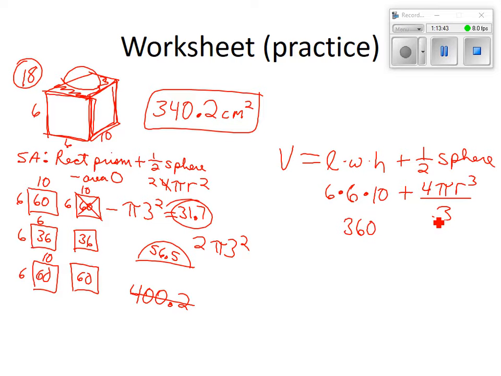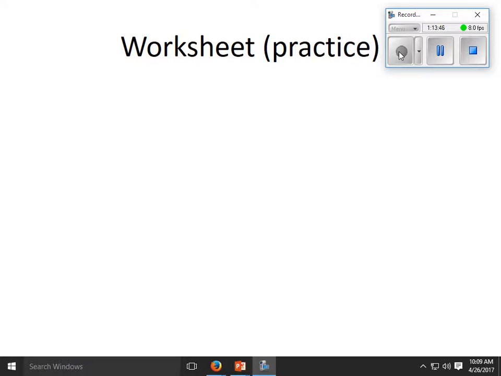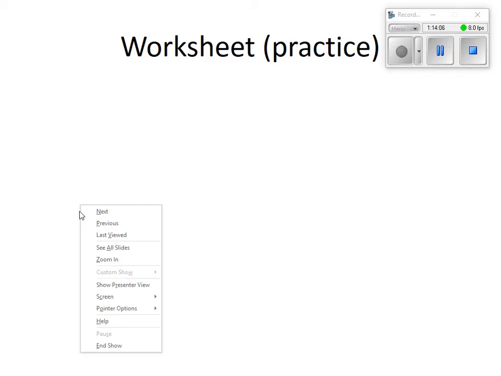Assignment tonight, 2 packets. This one and another one. There's a video for this one online. Actually, there's 3 videos. There's a video for the other one, but it's split into 2 parts. It's called the pre-test video 1 and video 2. You can watch those and they'll help through a whole bunch of this.